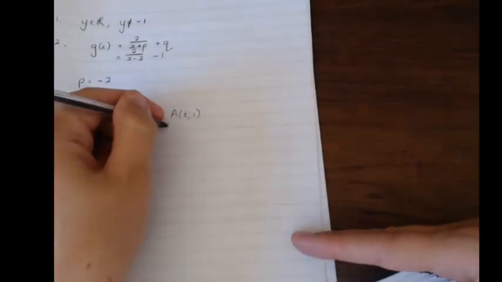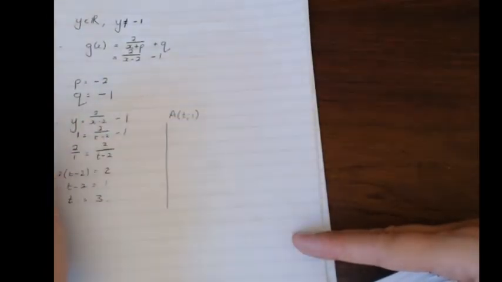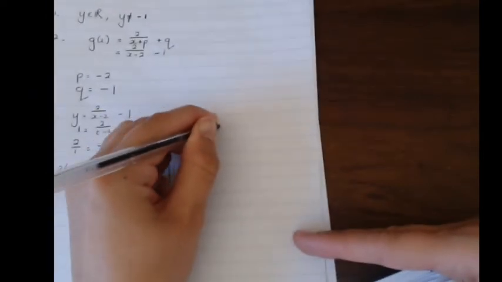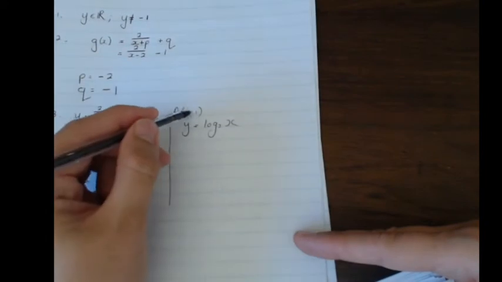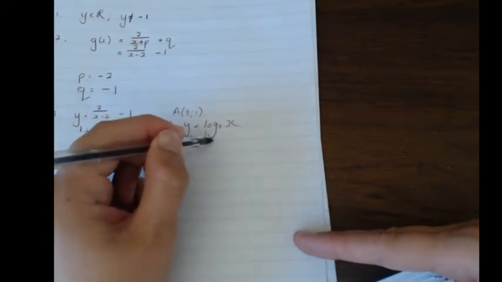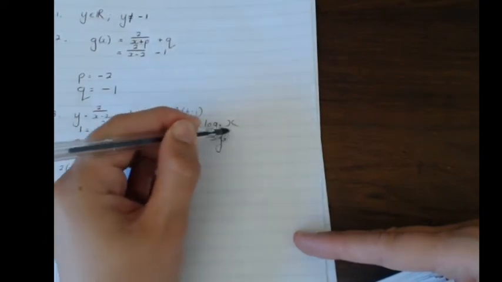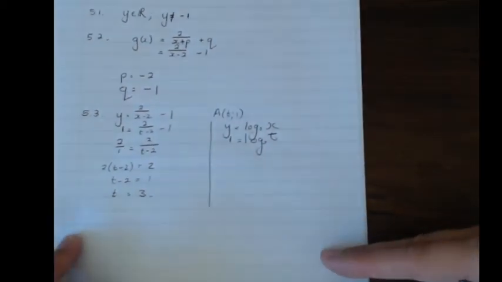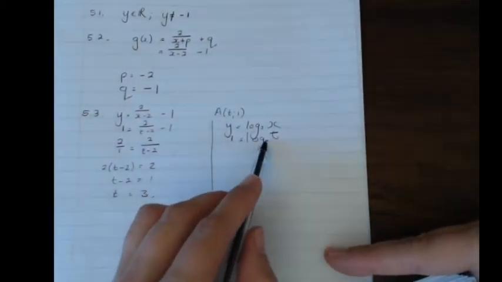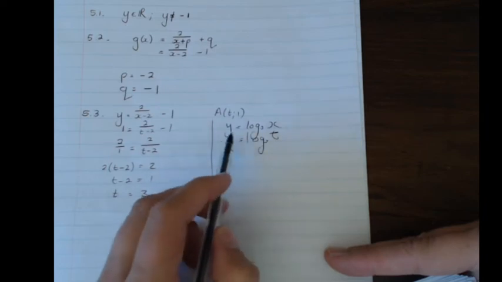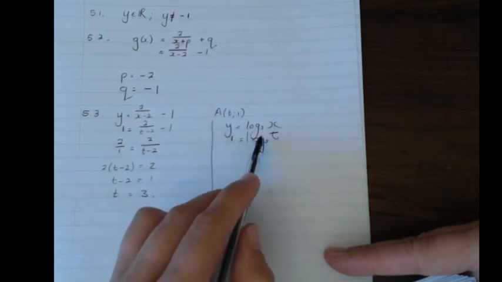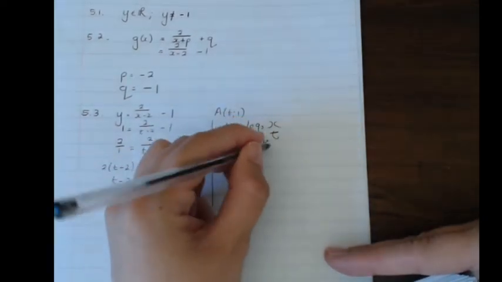Let me just show you alternatively what you could have done. y is equal to log base 3 of x, and if I substitute in here, y is 1 and x is t, just so you're not scared of the log function. Now I can't type log base 3 of t in my calculator, but I can change this to exponential form using the definition of the log.